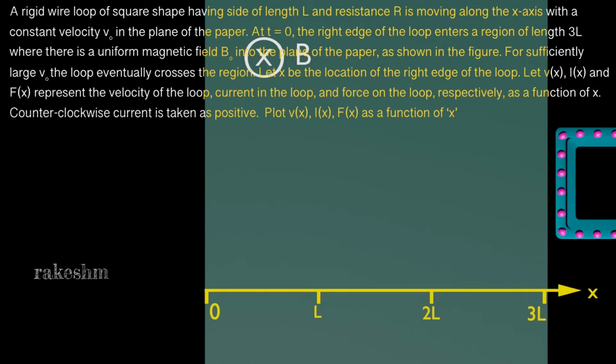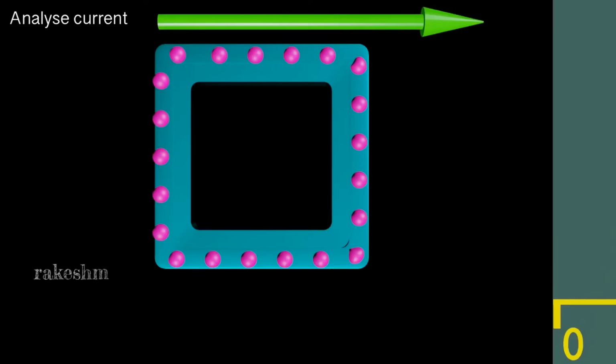Now for each of these intervals, when the wire loop is from x equal to 0 to L, L to 2L, 2L to 3L and 3L to 4L, we will analyze how the velocity, current and force on the loop change. First, let us analyze the current in the loop.